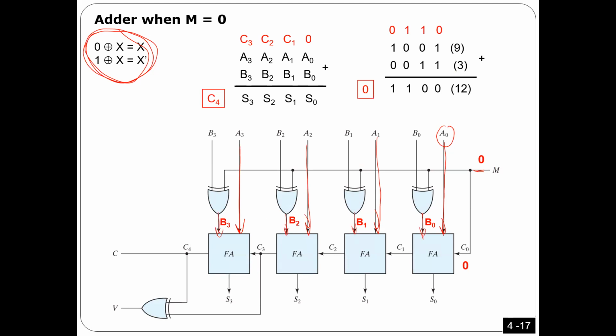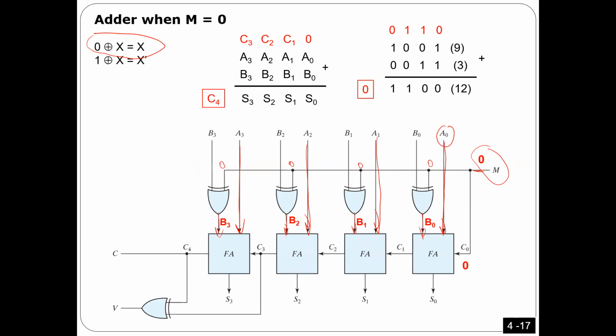So what is the main idea? If M is 0, then 0 is going to come to each XOR. And I have just told you, 0 XOR anything, you are going to get the same thing. That's why you can see here, 0 XOR B3, I'm going to get B3. 0 XOR B2, I'm going to get B2, and so on.